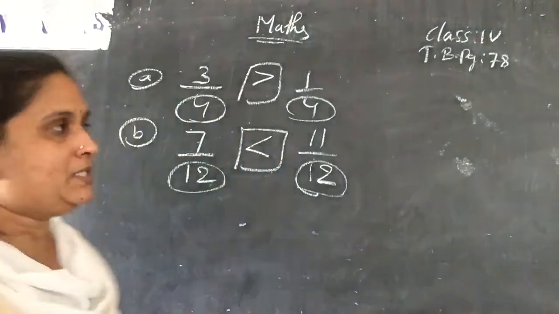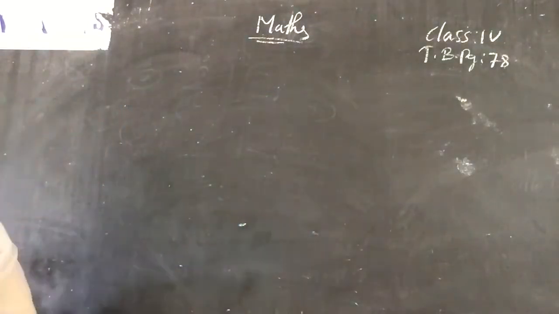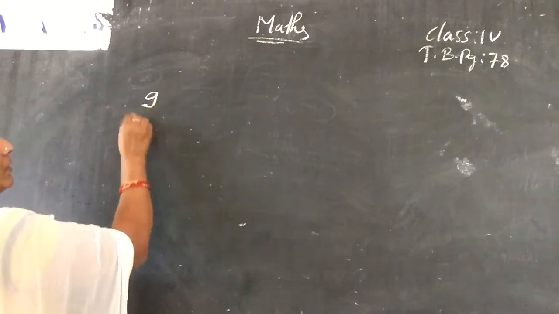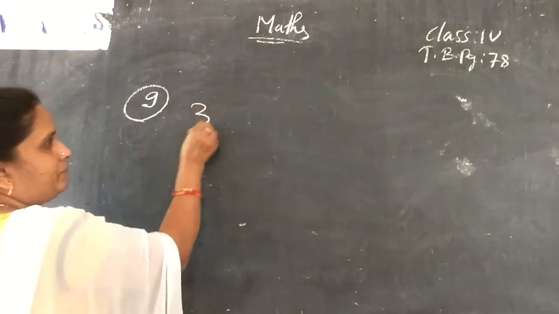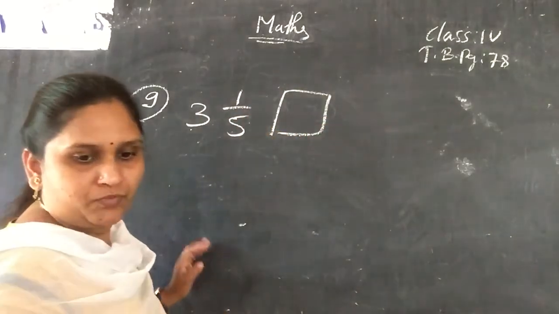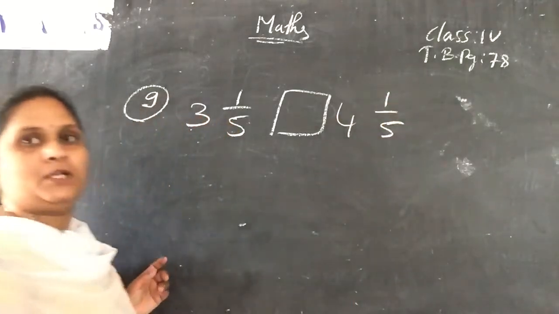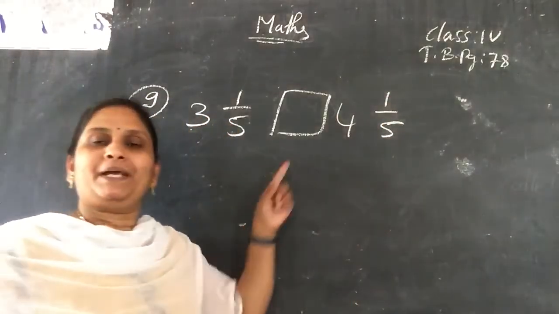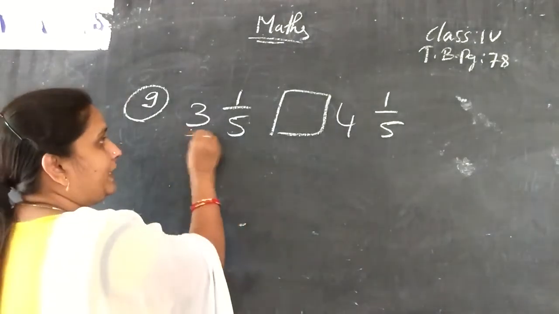Now come to G, alphabet G. What is the number? 3 1 by 5. Next, 4 1 by 5. Here, when you are comparing mixed fractions, you have to compare the whole numbers.